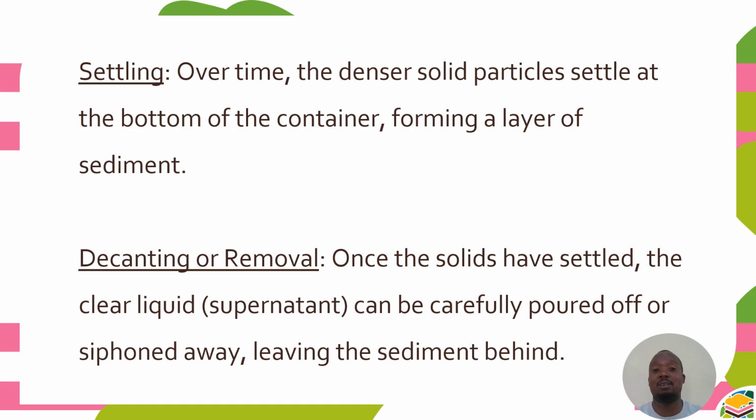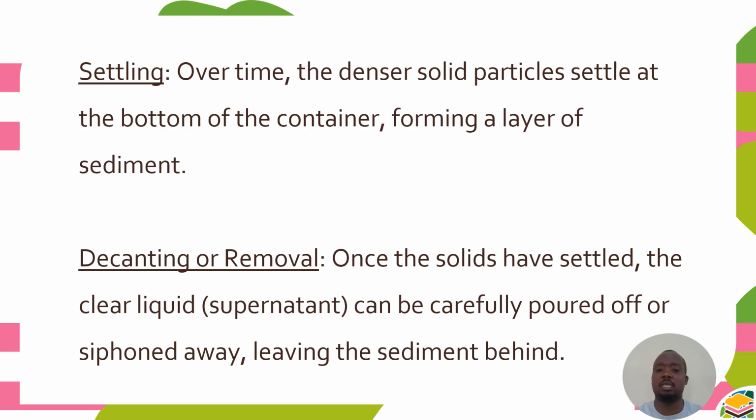So you just allow, with time, the denser solid particles to settle. And why is the denser solid settling? It is because of gravity and density as well. They will form a layer of sediment at the bottom of the container. Then from there, what do you do next? You remove or you decant.